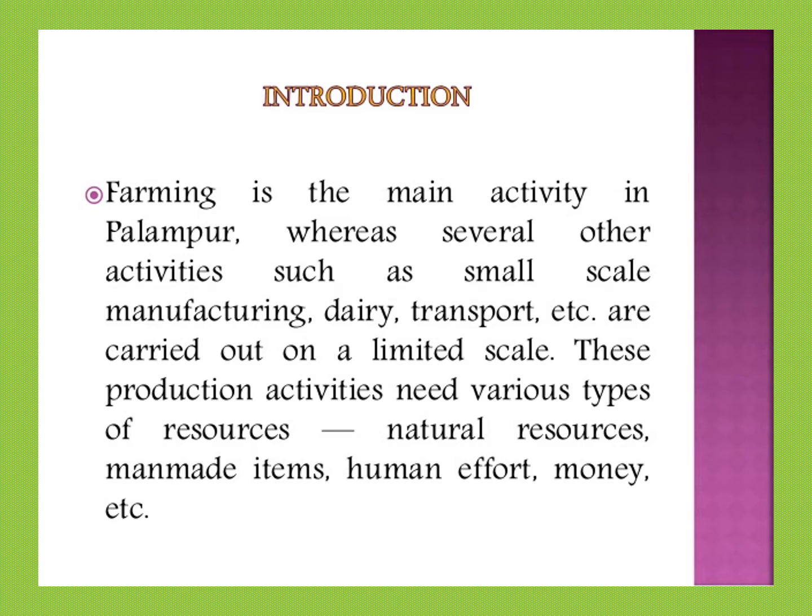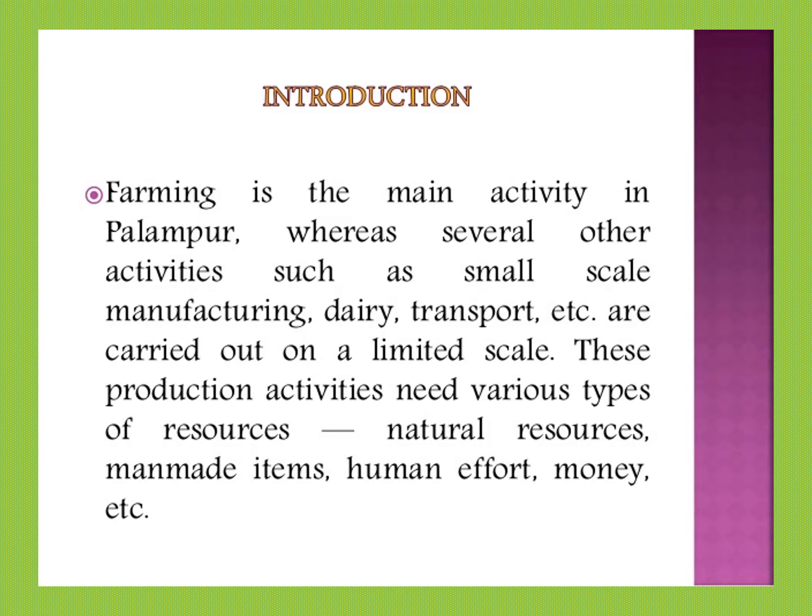Now I'm going to narrate to you the idea of a hypothetical village. So you will look at your screen in the meantime. Palampur is a hypothetical village. It is something that doesn't exist. That is why it is hypothetical, where farming is the main activity.